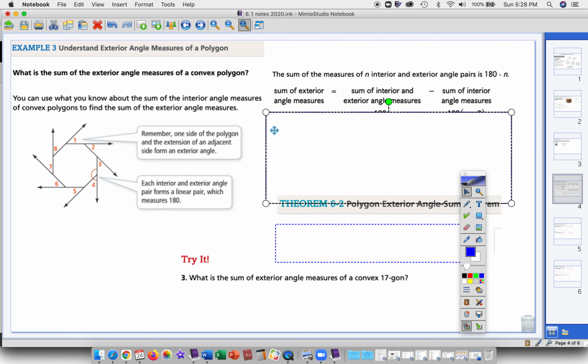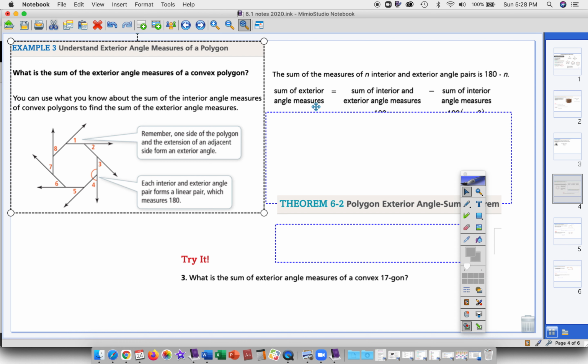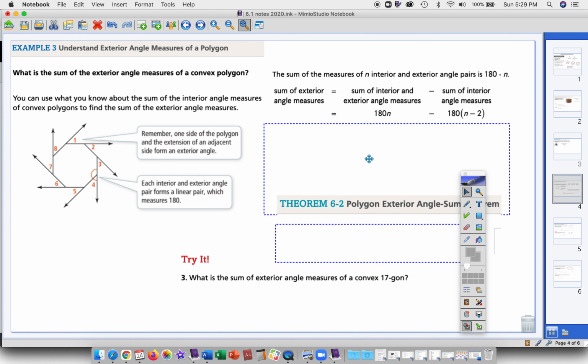If we take the sum of the exterior angle measures, we can set that equal to the sum of the interior and exterior angle measures and subtract the interior angle measures. So again, we said the sum of the interior and exterior is 180 times n. We know that the sum of the interiors is 180 times n minus 2.